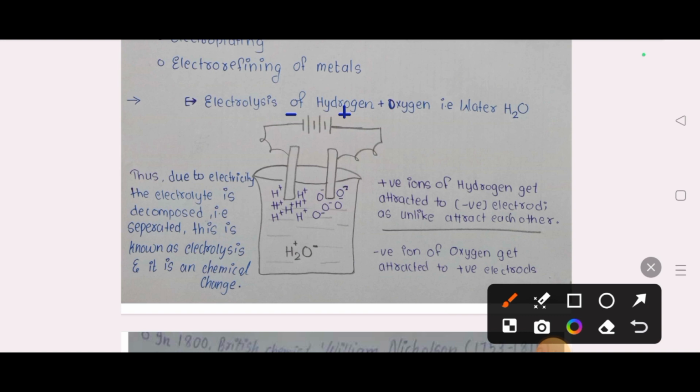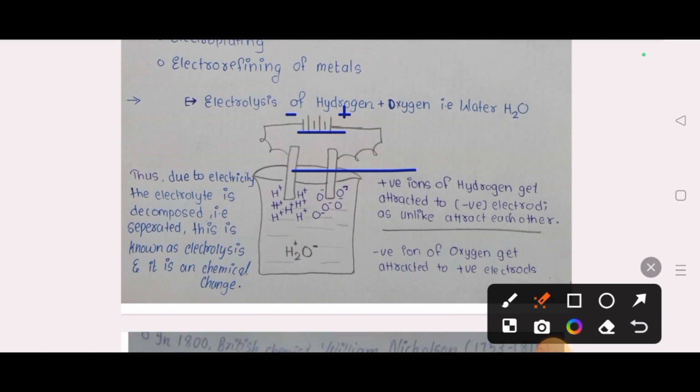Done. Now what will happen, as this is a battery, when the battery generates voltage it will pass current. As copper electrodes are good conductors of electricity, electric current will pass through this copper strip to that copper strip, and then electric current will pass into the water present here.